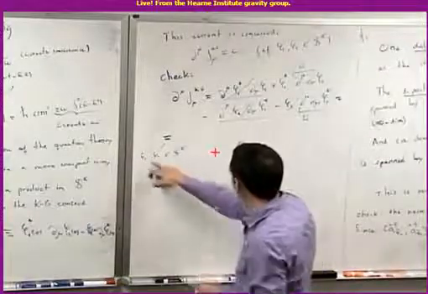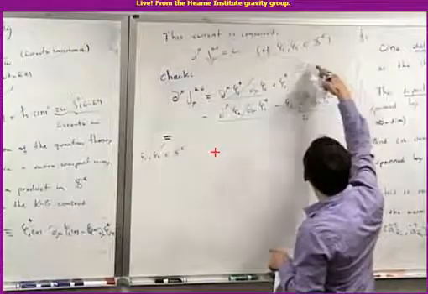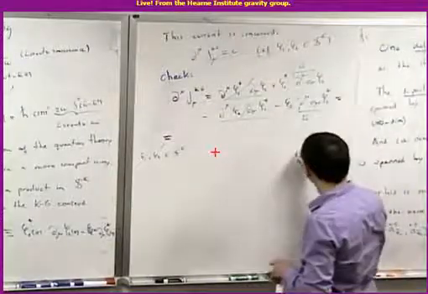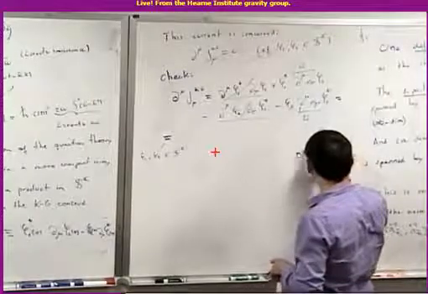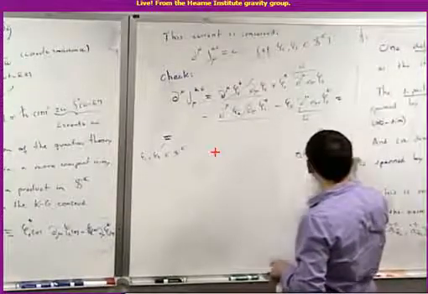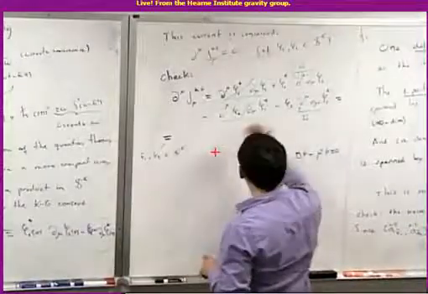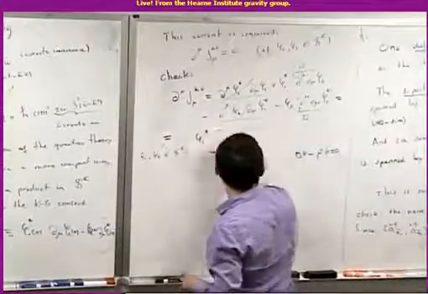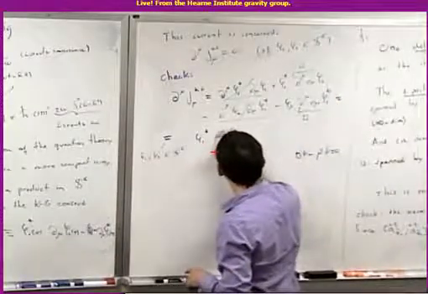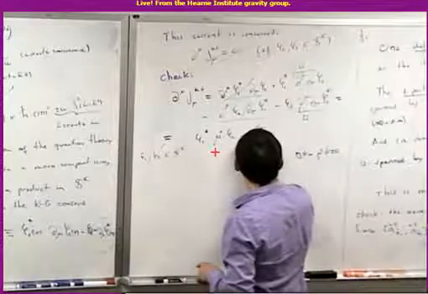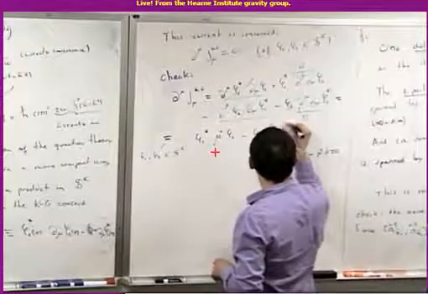So if these two are solutions of the equation of motion, they satisfy it. Remember the equation of motion is box phi minus mu square phi equals 0. So box phi 2 is just mu square phi 2, using the equation of motion, and box phi 1 conjugated is mu square phi 1 conjugated.